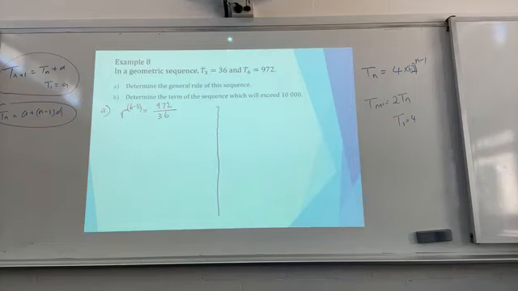Now I've seen questions like this in Calc 3 as well, so you need to know some cubes. For example, this one will work out to be 27. R cubed equals 27, so R equals the cube root of 27, which is 3. All right?